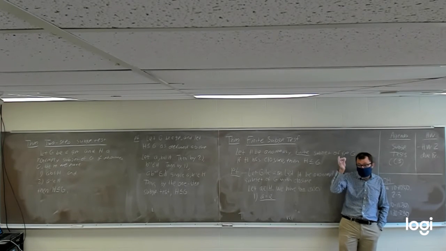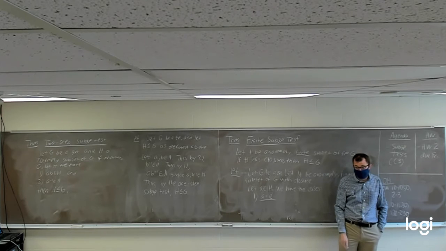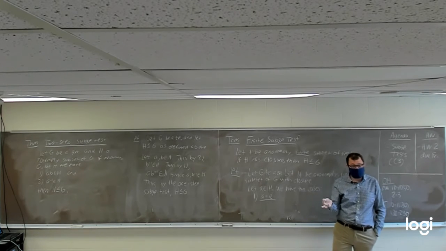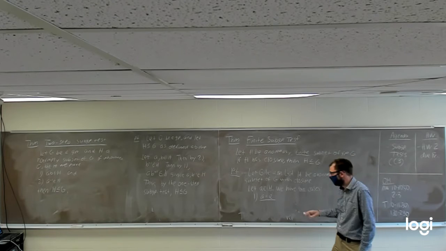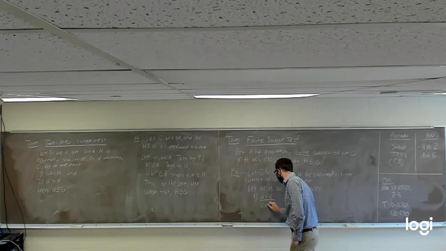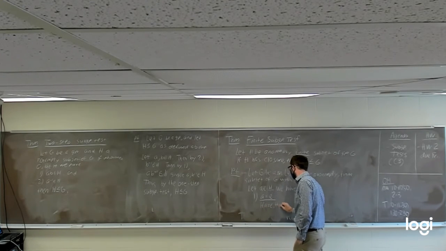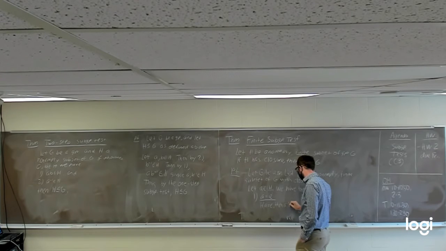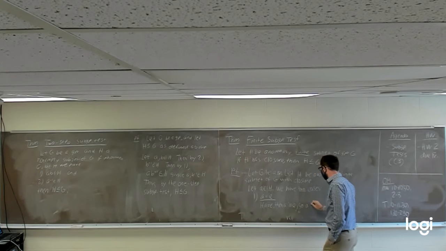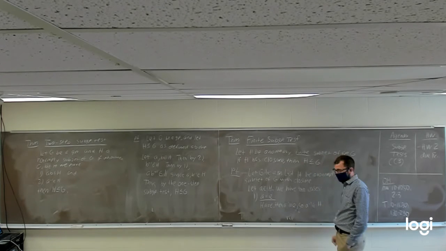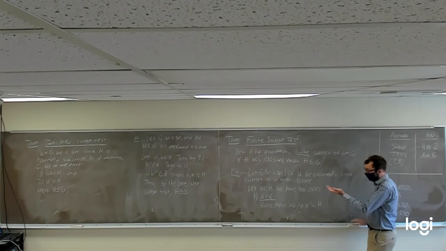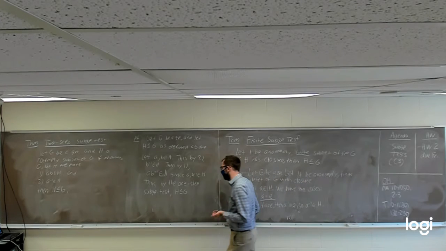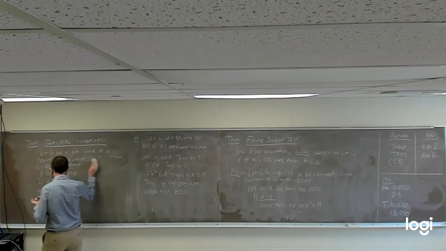What's A inverse in that case? E. Yeah, A is its own inverse if A is the identity, so that's an easy case. If A is equal to E, then A inverse equals E. So A inverse is in H, because we assumed A was, and it's equal to A inverse. Second case is the fun one.